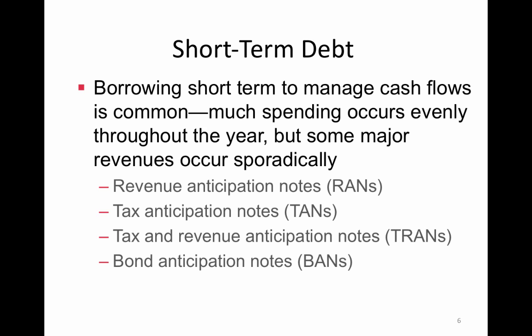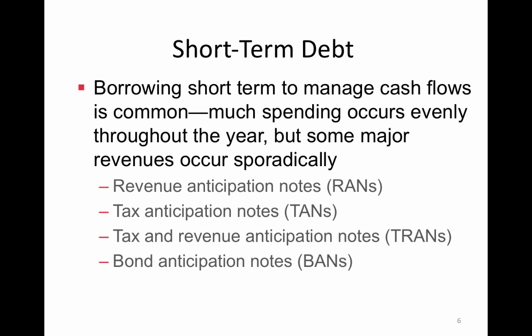And so these are probably the four most common types of cash flow management short-term debt instruments: RANs, which are repaid with general revenues; tax anticipation notes, which are repaid with taxes; tax and revenue anticipation notes, TRANs, which are a combination of tax and general revenues being used to repay, or could be operating revenues as well.